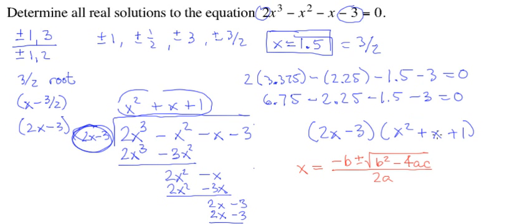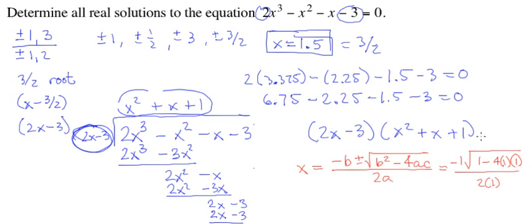The good news is a, b, and c are all 1 for this quadratic, so this won't be terribly complicated. Minus 1 plus or minus root 1 squared minus 4 times 1 times 1 all over 2 times 1.